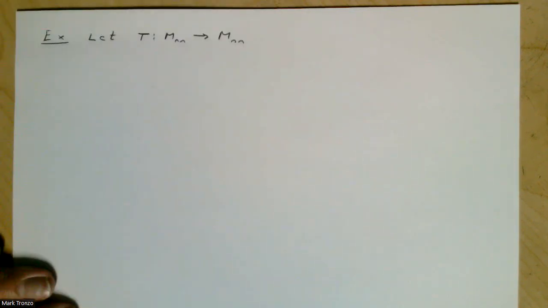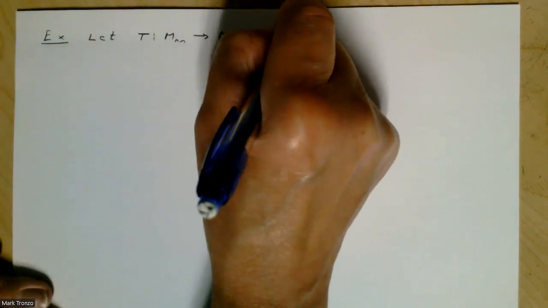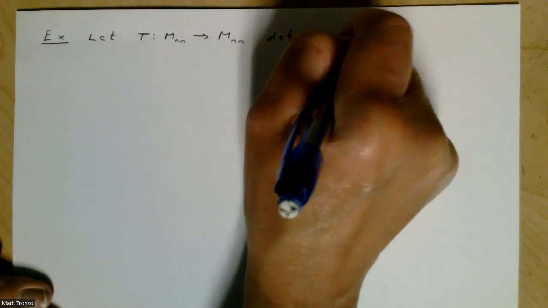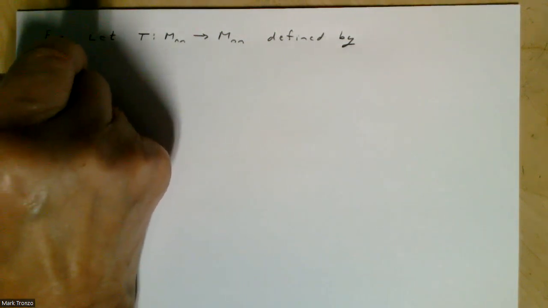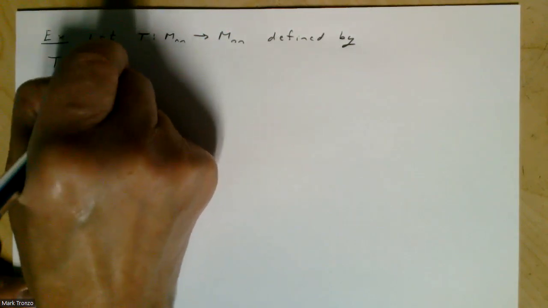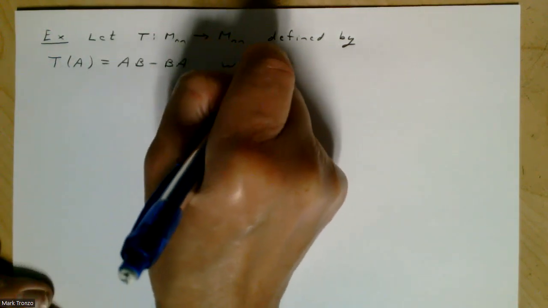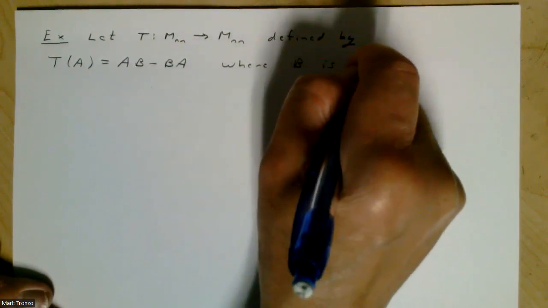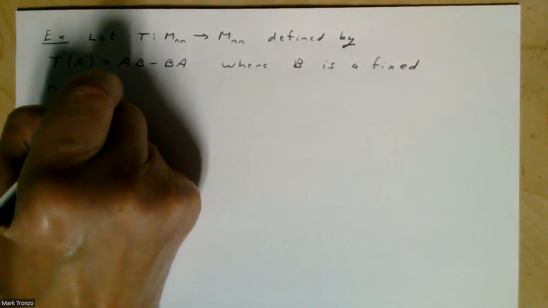So let T be a linear transformation from, let's say, the n by n matrices, that's what this notation means, defined by T(A) = AB - BA, where B is a fixed n by n matrix.